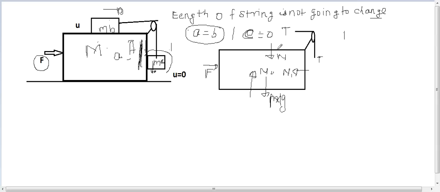And we have to think about friction. If F is very high, very big, since we are going to find the maximum value, then this block will move in this direction, and this acceleration will be high.